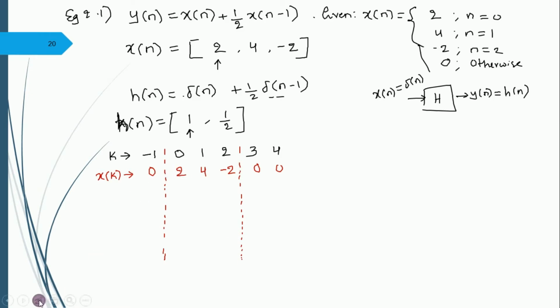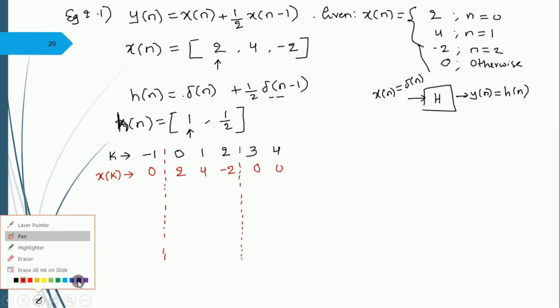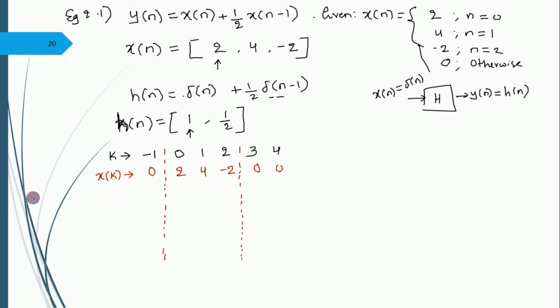Now with this we need to proceed further. I have to perform h of n minus k, or h of minus k plus n. For n equal to 0, it is h of minus k, which means you have to fold it. H of n is there.